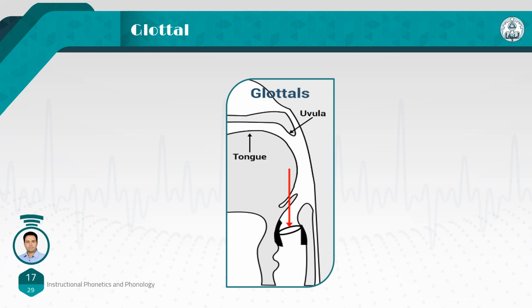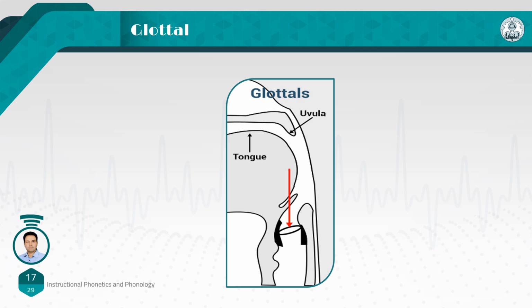The glottis, as much as we might not realize, is used for the h sound in English. If you look at the picture, you can see the red arrow. This is the place through which we produce a sound like h in English.